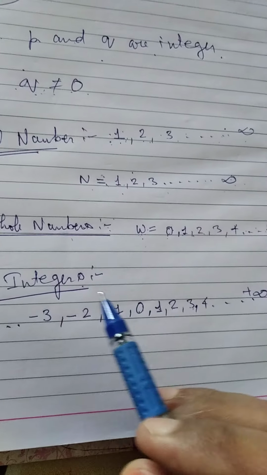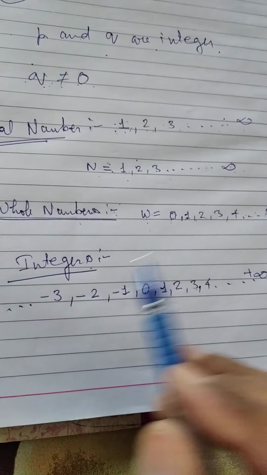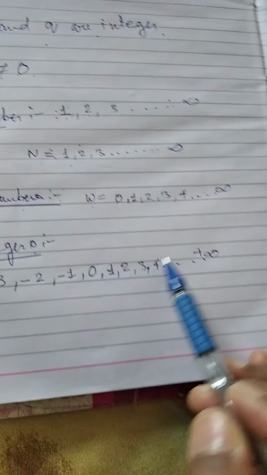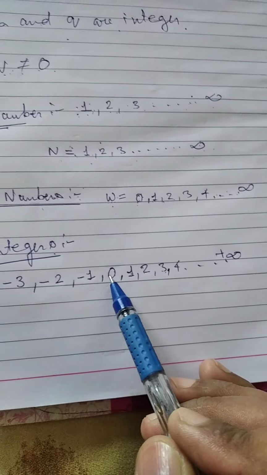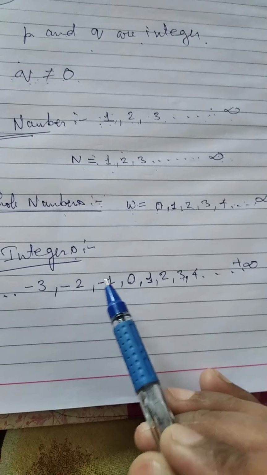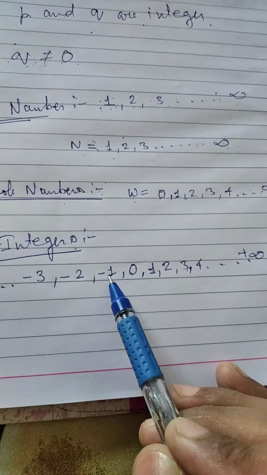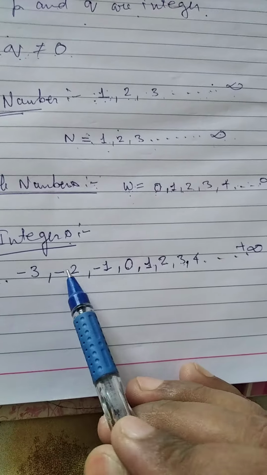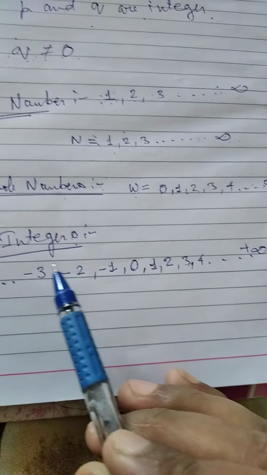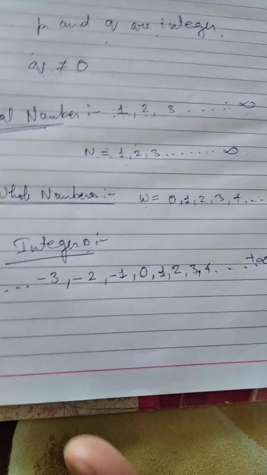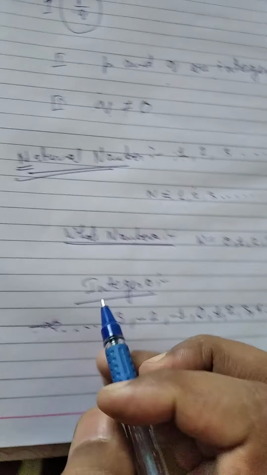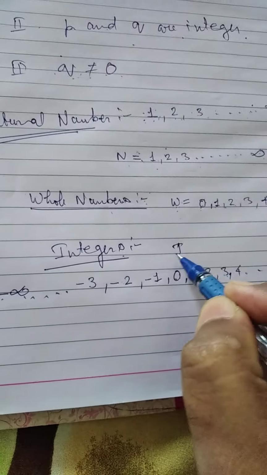So for integers: all natural numbers including 0 and with the negatives of natural numbers. Negatives of natural numbers means -1 for 1, -2 for 2, -3 for 3. These are known as integers, and the symbol for integers is capital I.